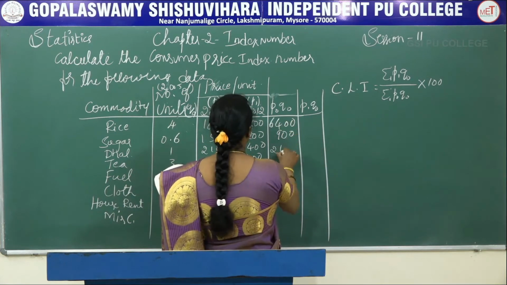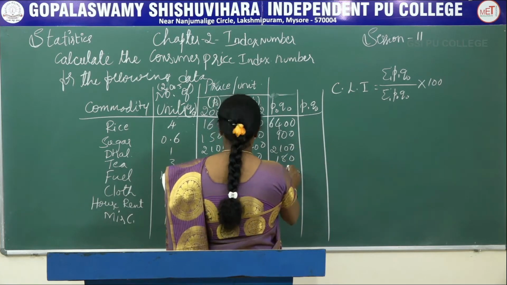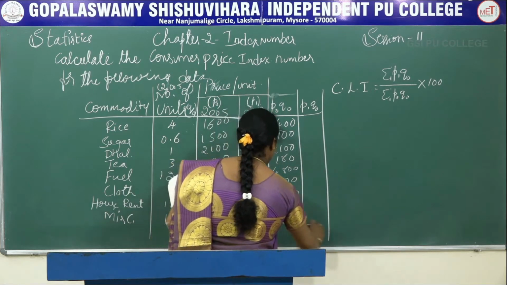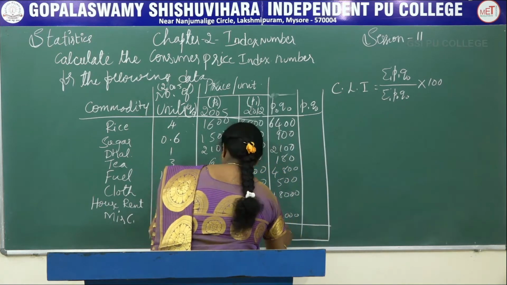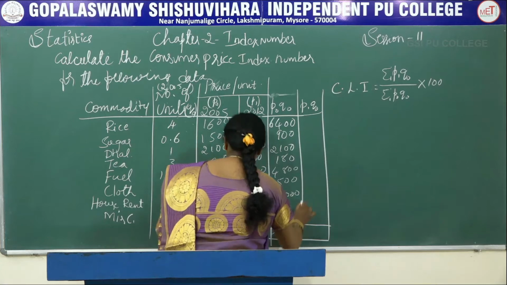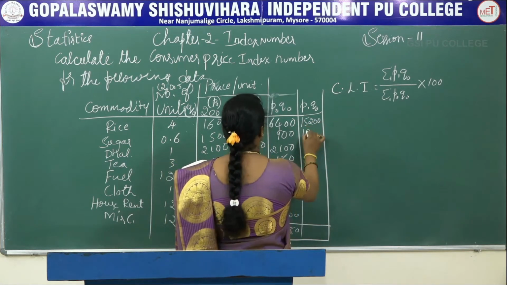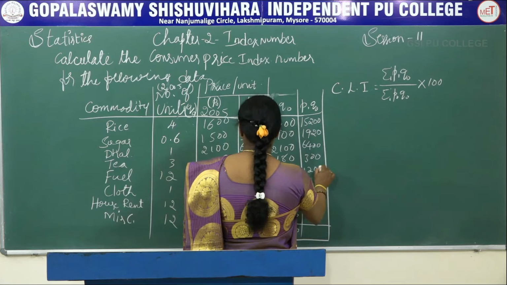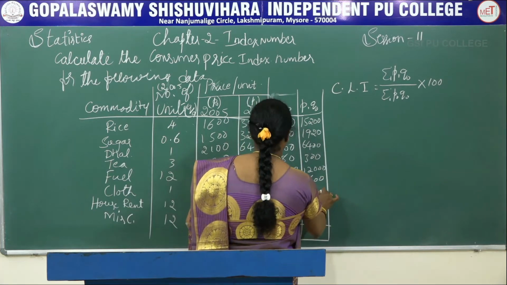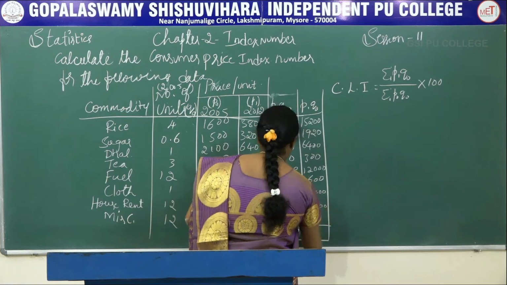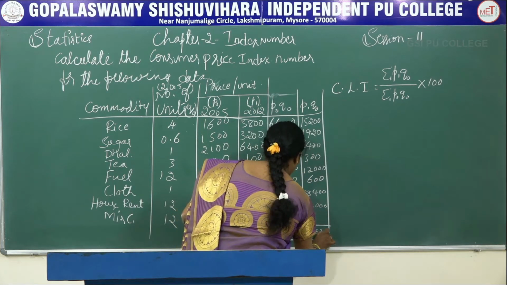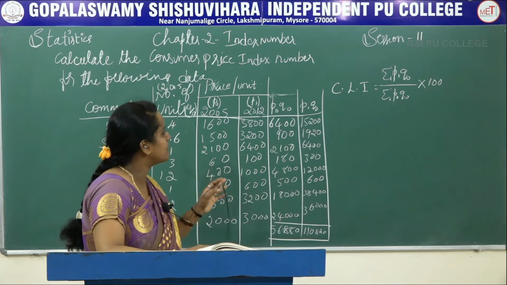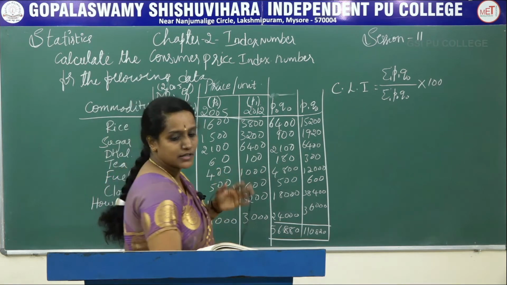I'll write down the values for that. And these two are the summations for the products of P naught Q naught and P1 Q naught, and I'll substitute that in the formula.